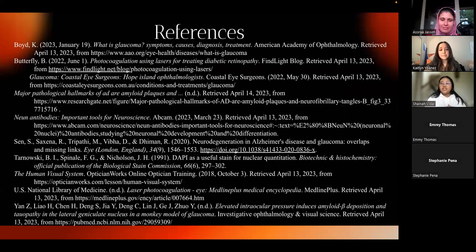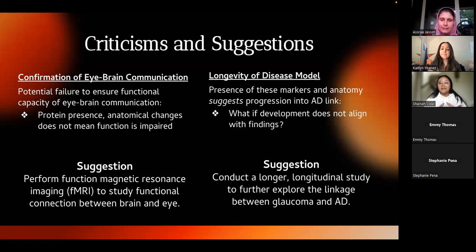Before we finish, I also wanted to mention that in terms of the longevity, it has been debated whether or not there is a link within the model presented in this article. This article specifically was one of the first to suggest that there is such a link.